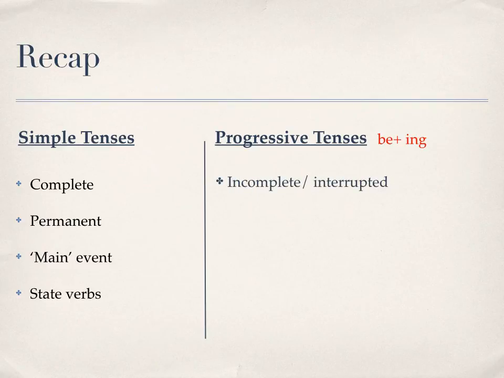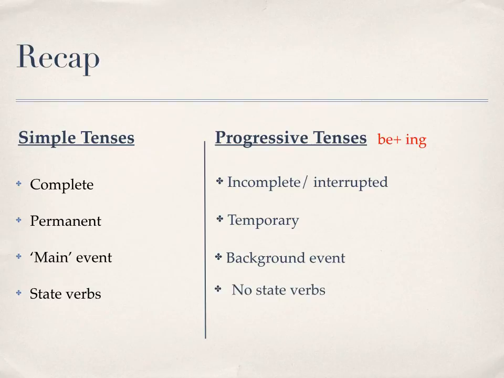Progressive tenses are incomplete, very often interrupted. They're temporary, they're not going to last forever. Very often they are background events, when you're telling the listener or the reader what was happening at a certain time, and of course no stative verbs in progressive tenses. Okay, so that's just a quick recap of how to choose between simple and progressive.